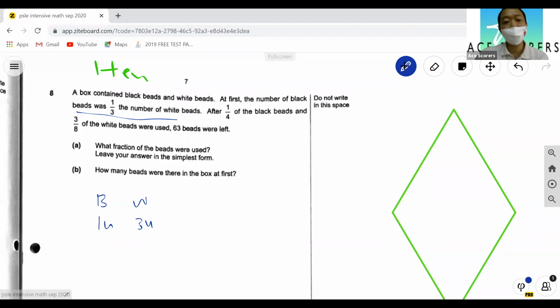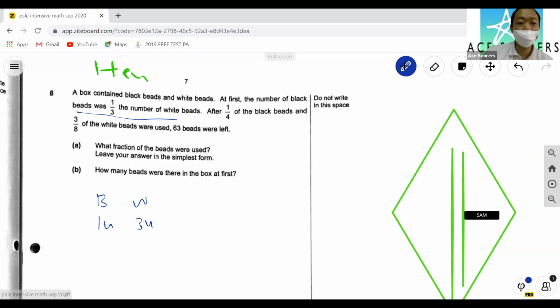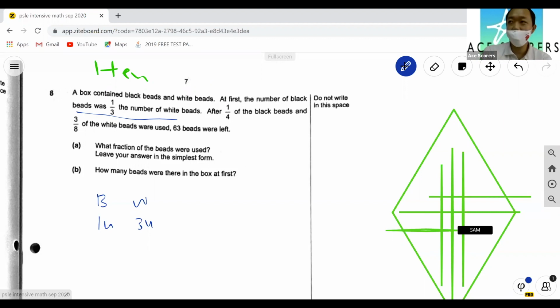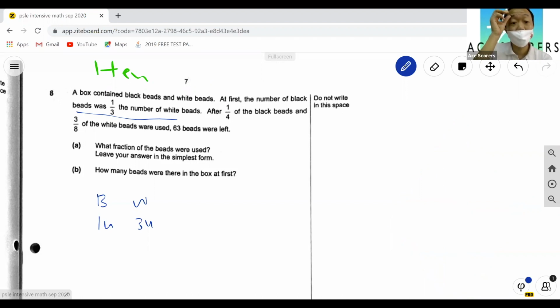So after 1/4 of the black beads and 3/8 of the white beads were used, 63 beads were left. So here I've got to use up 1/4, and then here I use up 3/8. Can I remove 1/4 from 1 unit? I can, but it'll be easier if I change it to better numbers.